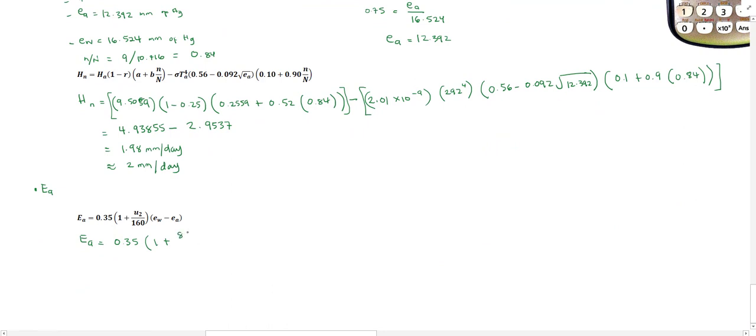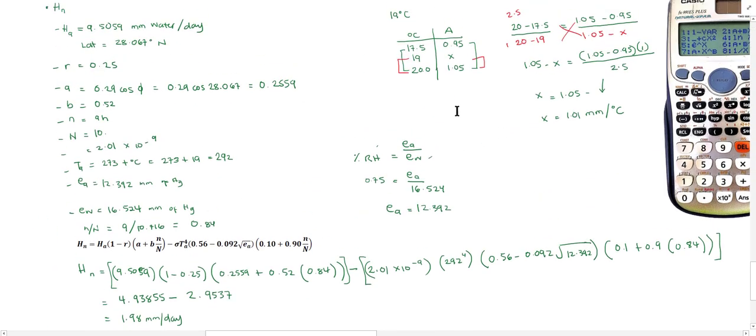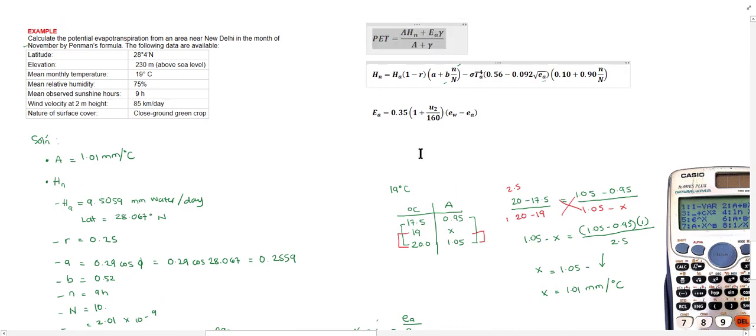So it would be 85, and then over 160 times our EW is 16.524. Our E sub A is 12.392. Then this is equal to 2.21 mm per day. So after this, we can now solve our potential evapotranspiration.